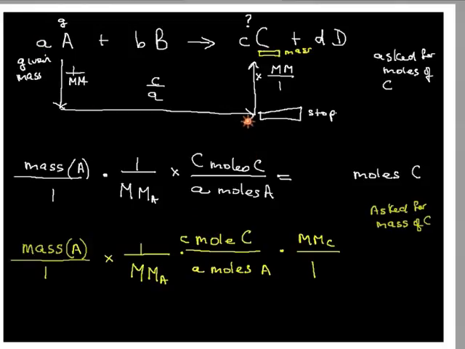But we won't stop here. We have to continue. We need to stop at the mass because the question asked for the mass. So you're going to go one more step here and multiply by the molar mass of C over 1. Pick up your calculator, figure out the answer, reduce the answer to the lowest significant figure, and that's your final answer.